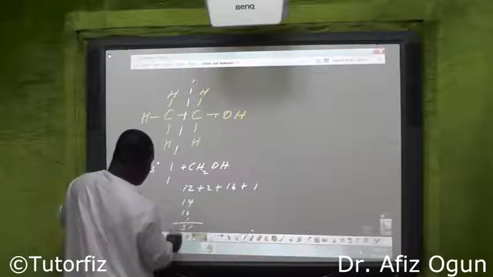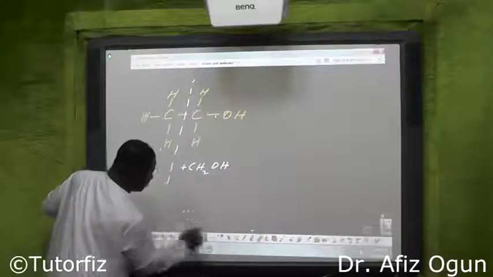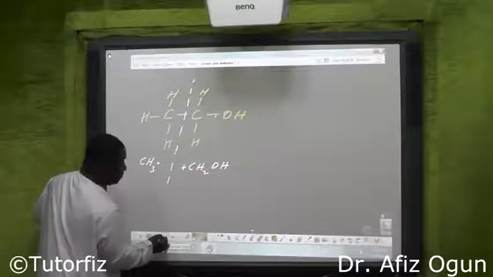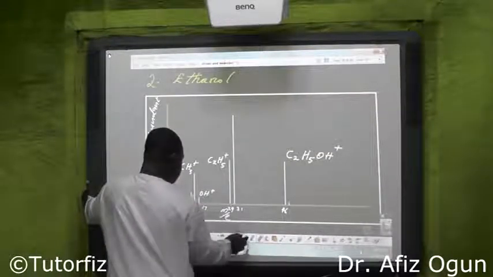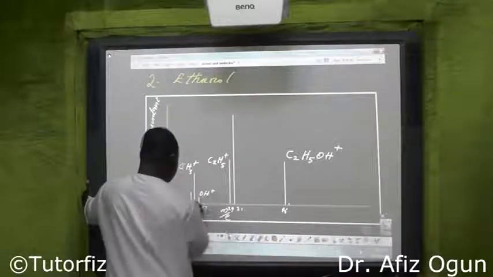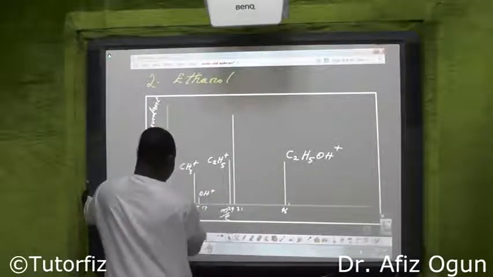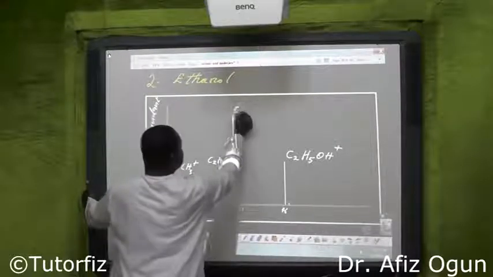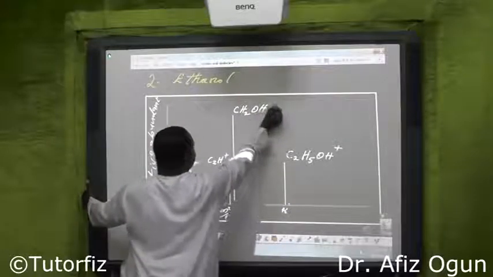This is 31. We have a peak that is not showing there. It will also show. That will be a peak at 31. Oh, it is there. The 31 peak is there. This is CH2OH plus.